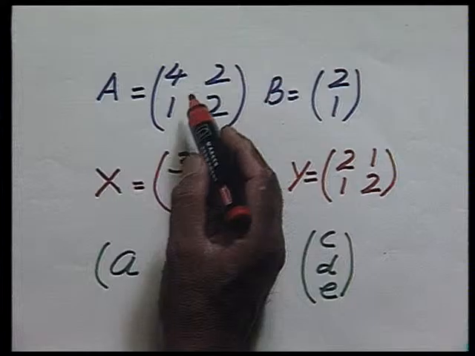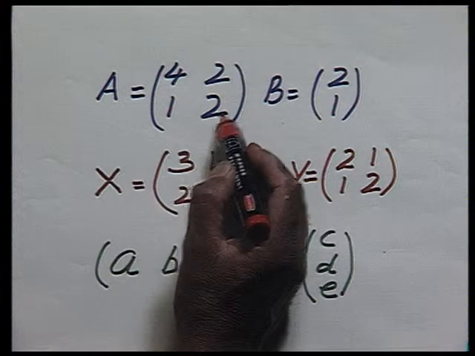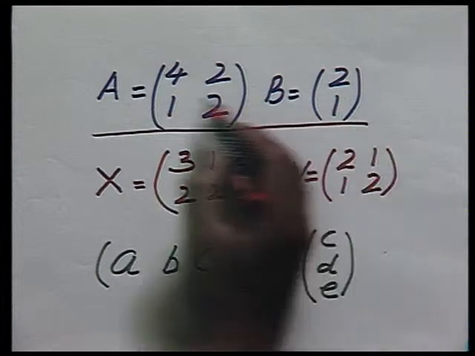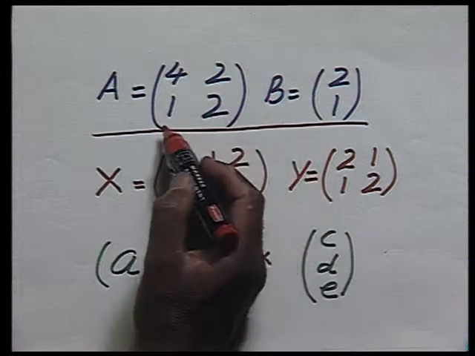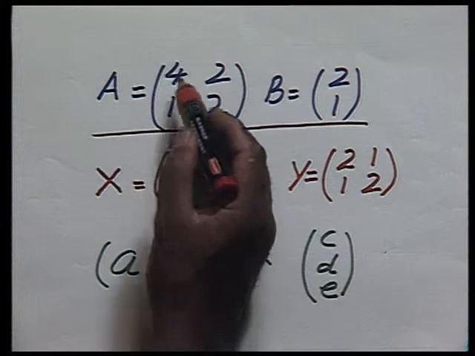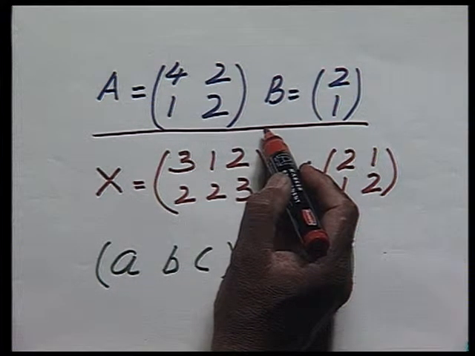We have this situation here, a matrix A, 4 2 1 2, and the matrix 2 1. We can multiply this. Surely recall the store where the two friends had gone to buy the things. These were the items, the cost, and surely you can multiply.